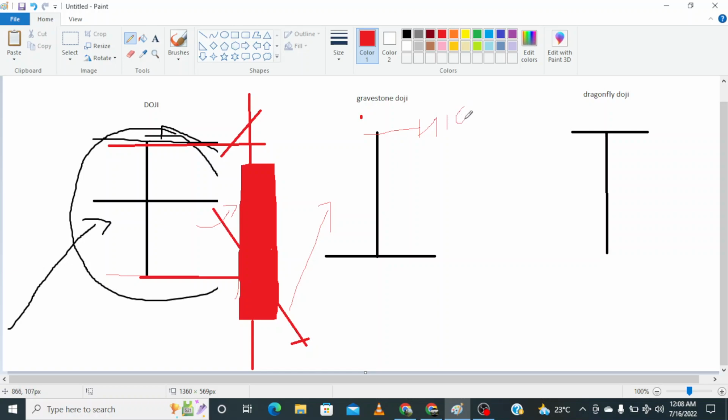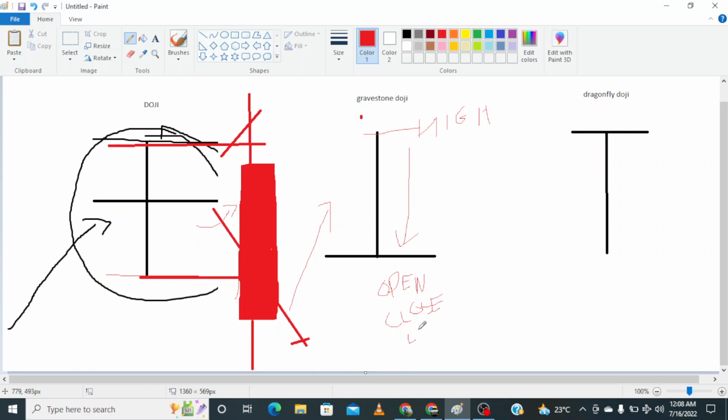The price couldn't stay here, so the sellers got it down. In this case the open, the close, and the low were all the same. I mean, literally the same.